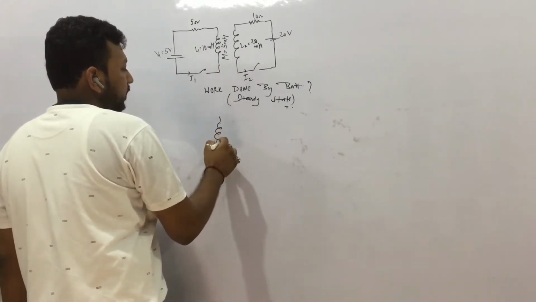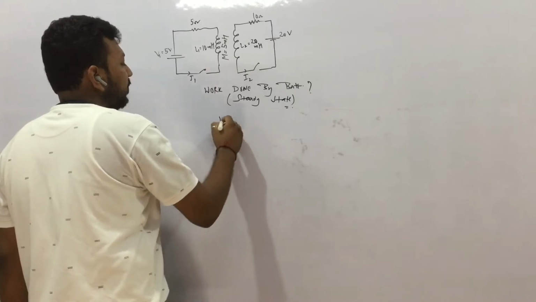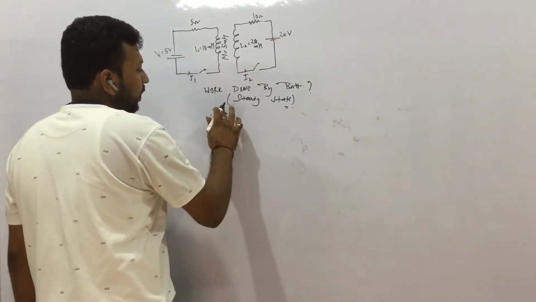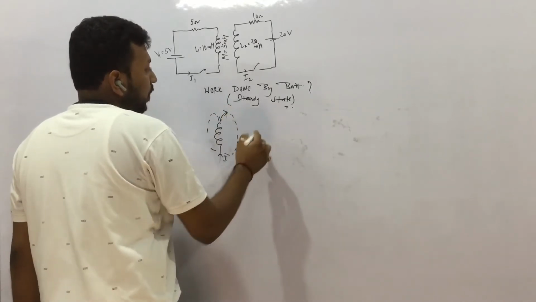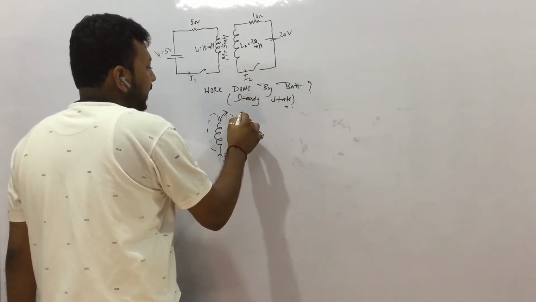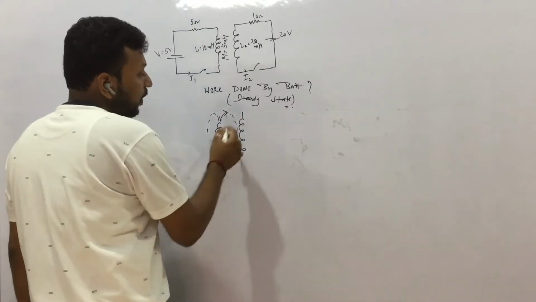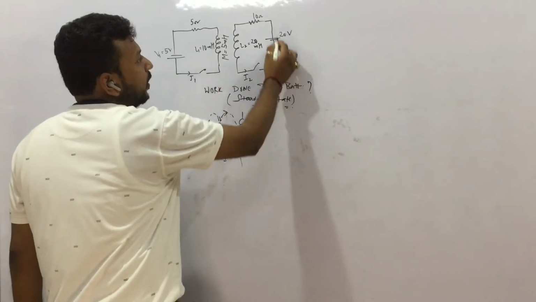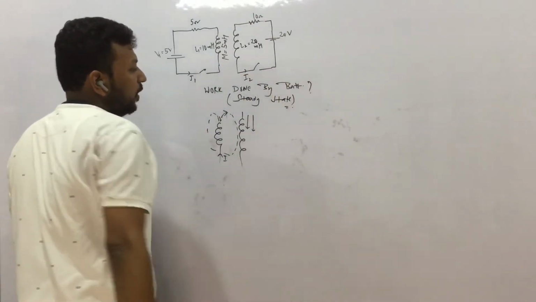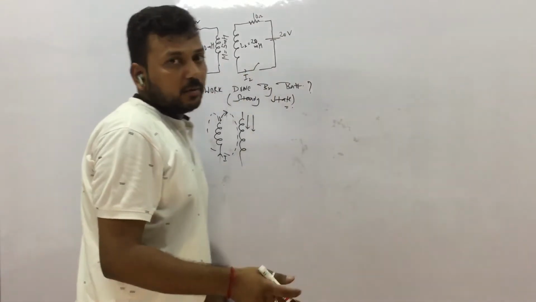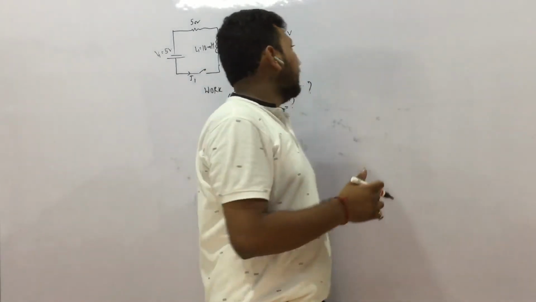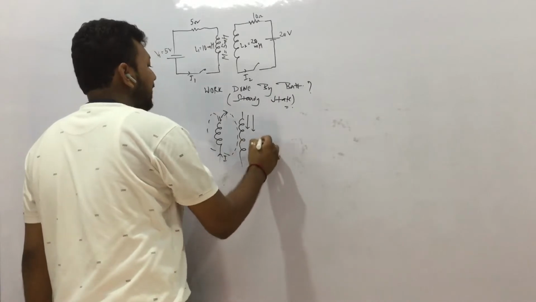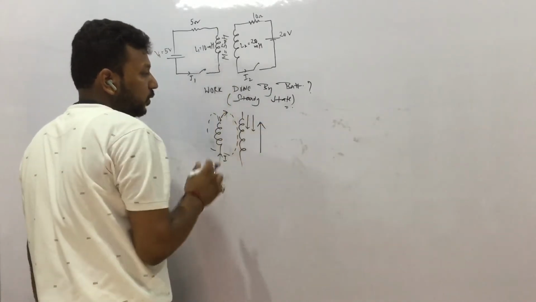If the current flows like this, there will be a magnetic field like this. There is another inductor here, and the magnetic field is entering this way, and due to this current also there is a magnetic field this way. So both the magnetic fields are in the same direction, due to this L1 and this circuit. That means the net EMF will oppose both.